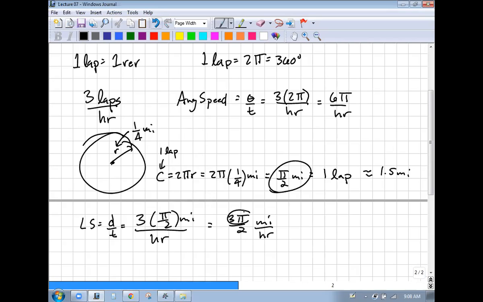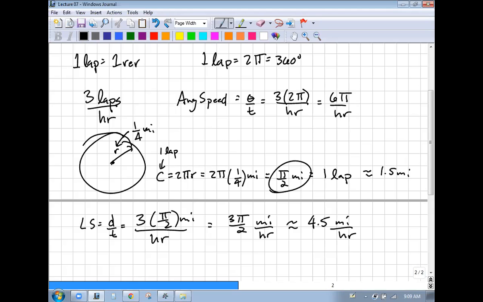If pi is approximately 3, 3 times 3 is approximately 9. So this is approximately 9 halves, which is 4.5 miles per hour. So I guess he's jogging slowly in this example. This is how you switch between your angular speed and your linear speed. It's 2 different ways of talking about it. Usually it helps to know the distance around whatever's circling.